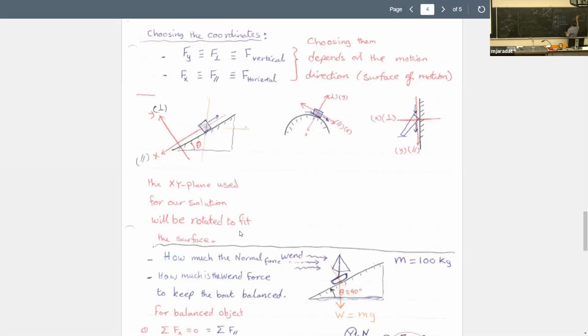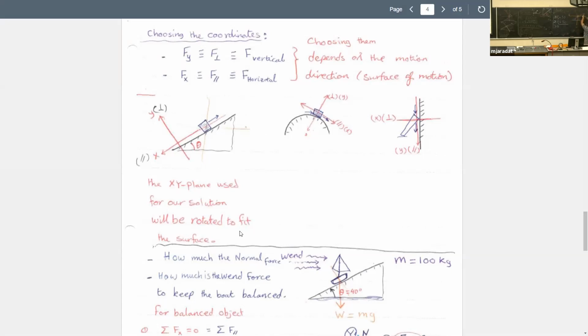We have the wind force, which is F applied. We need to put the beginning, the start of that vector, at the origin. This is theta again. We have the weight. This is theta. So we have weight cosine theta.